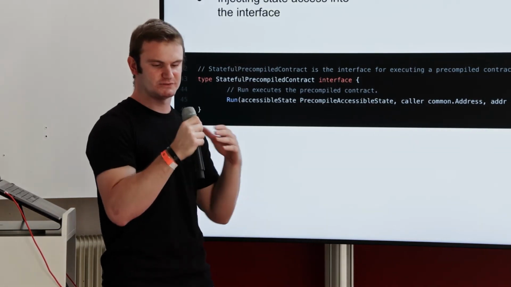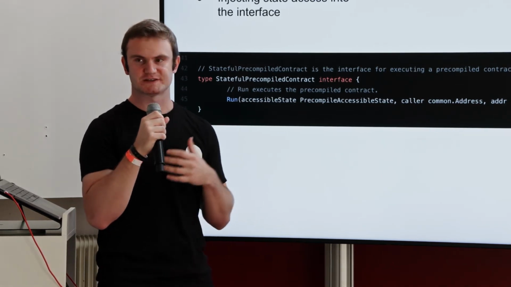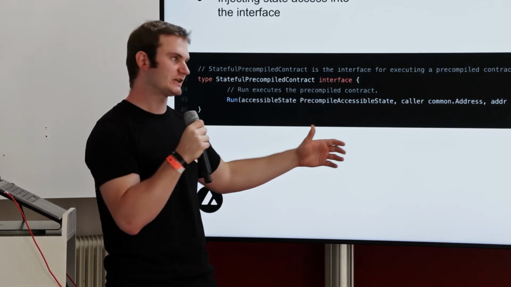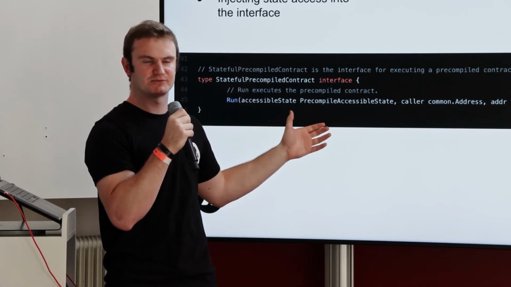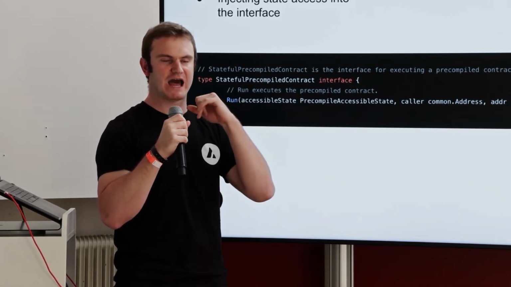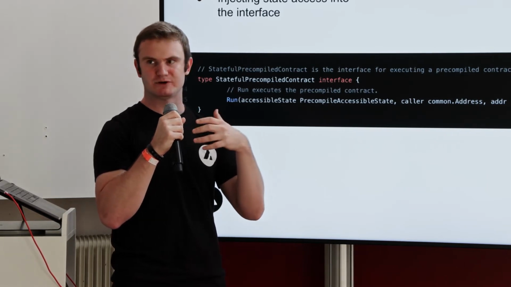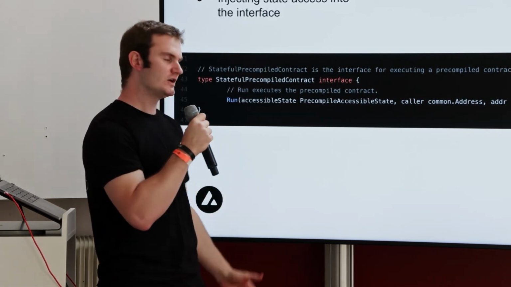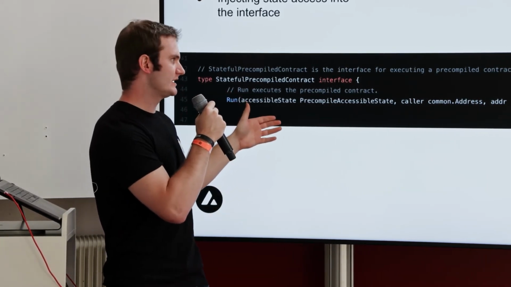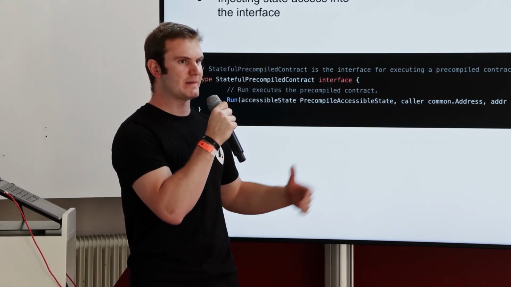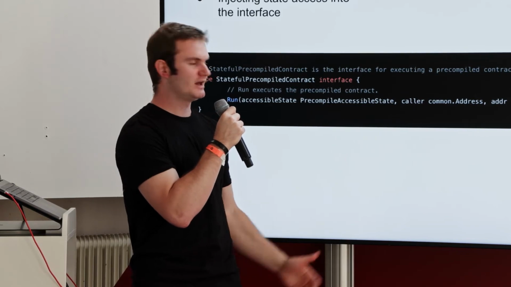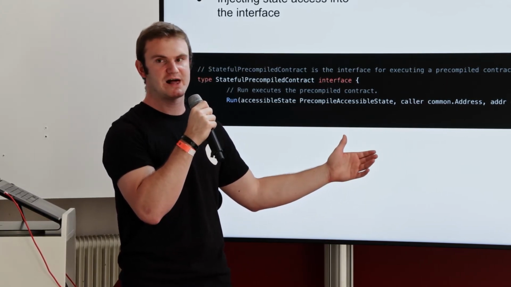And the only interface that actually gets exposed within the EVM when it's running the contract is that we're going to inject state access into the precompile. So now instead of just having an input byte string and then some data to return, we're actually going to give access to the EVM state, the caller address, the address of the precompile itself, the amount of gas that's been supplied to the operation, as well as whether or not the read-only flag is enabled.